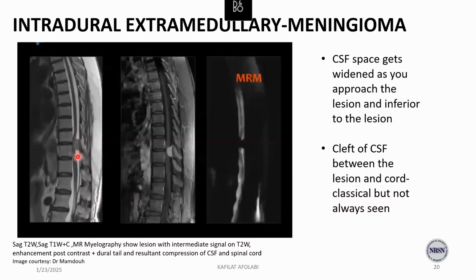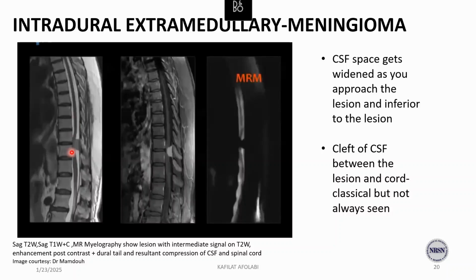As we go distal to the lesion as well, we see slight widening of the CSF space immediately distal to it, and as we go further down, the caliber of the CSF space returns to normal. This is a characteristic finding of an intradural extramedullary lesion: whenever you see a widened CSF space just proximal and distal to a lesion, it shows that the lesion is within the thecal sac and is intradural extramedullary. Note that the caliber of the cord is normal, and at the level of the lesion it is compressed anteriorly.